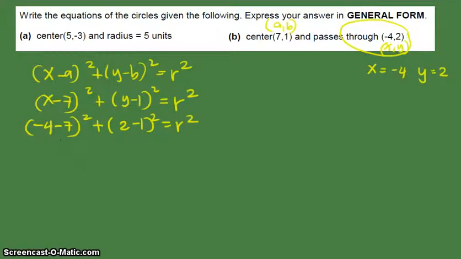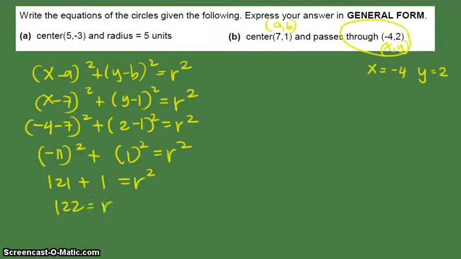-4 minus 7 is -11, squared, and then you have 1 squared, equal to r². -11 squared is positive 121, plus 1 squared, which is 1, equal to r². So 122 is equal to r².